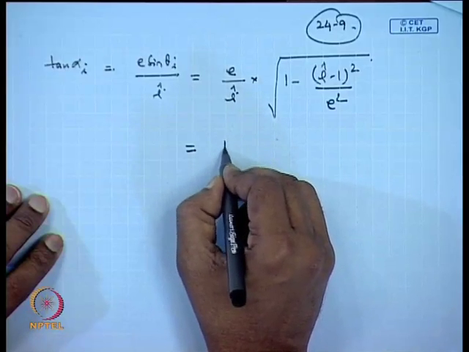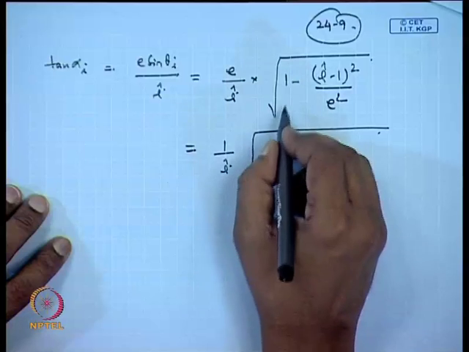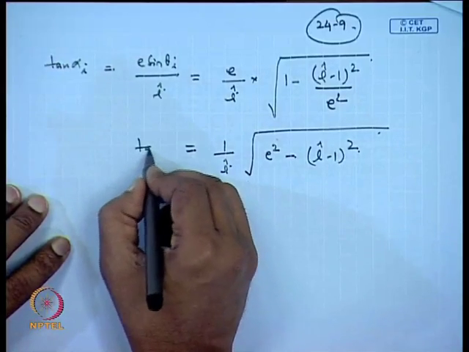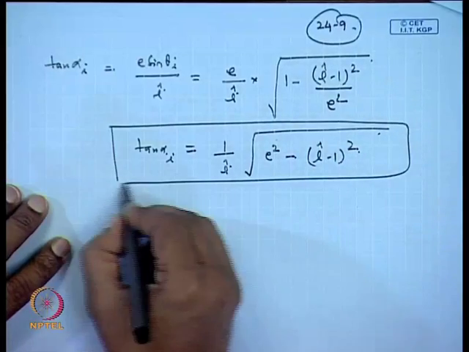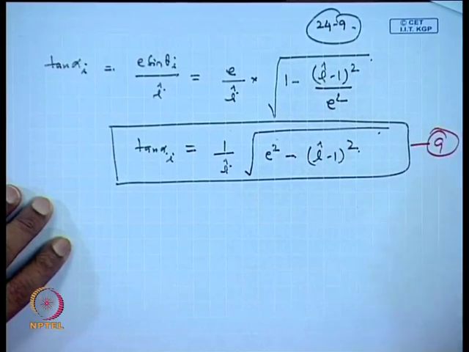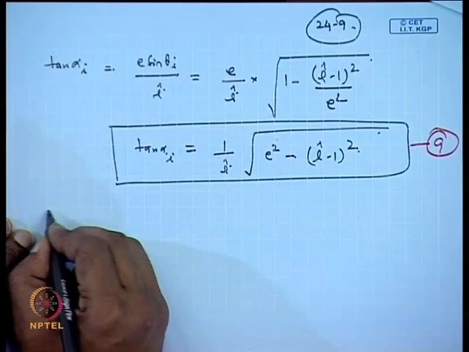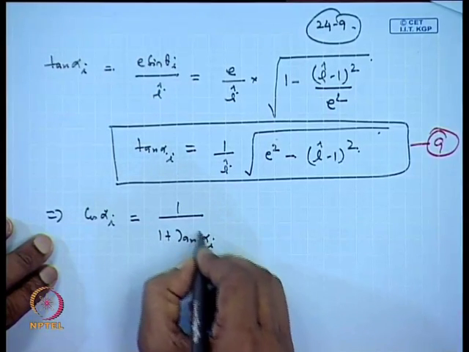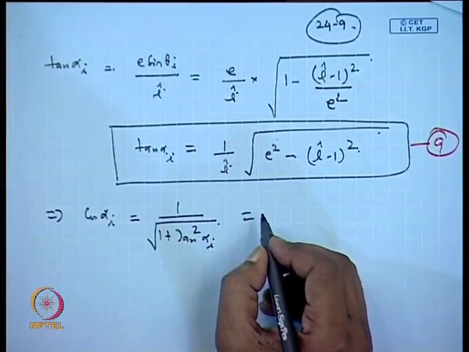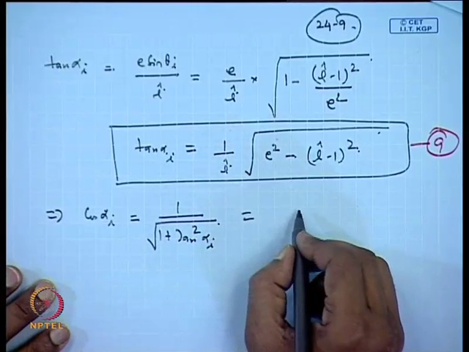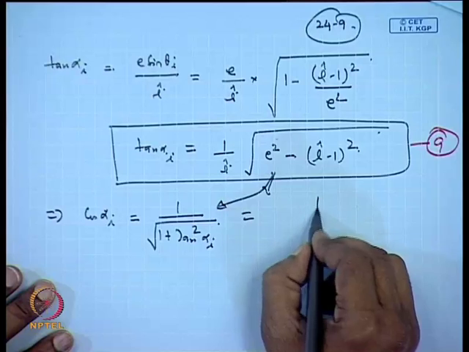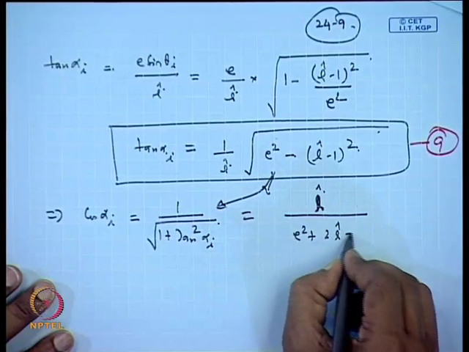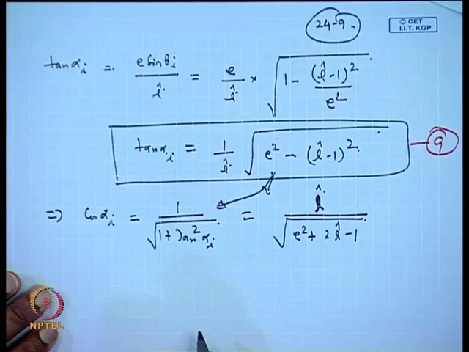So, taking E inside, this implies cos alpha I equal to, and if you do the processing, you can prove that this quantity, by inserting it in this place, will turn out to be 1 by L cap divided by E square plus 2 L cap minus 1 under root. Okay.